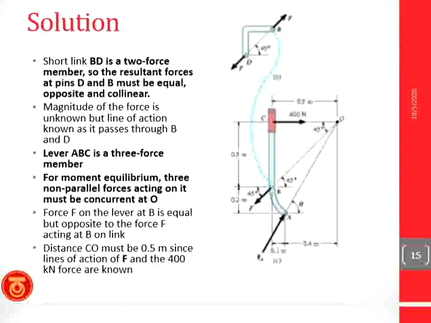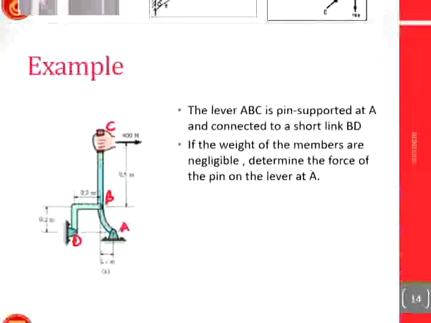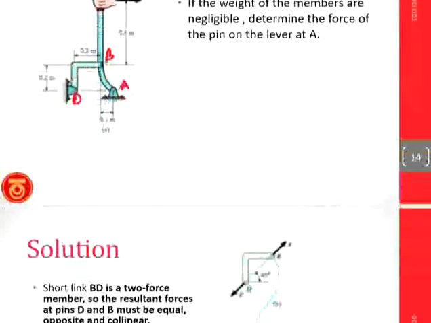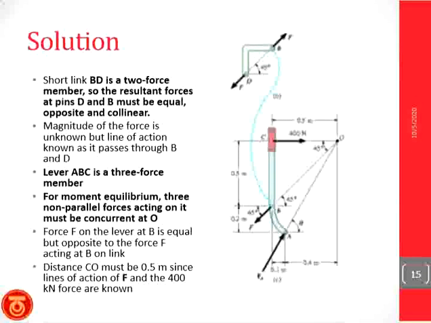So firstly it's like this, and the force here is the same as the force here, and the magnitude of the force is unknown, but the line of action is known as it passes through B and D. We don't know the value of F here, but we know the force acts along the same center line.